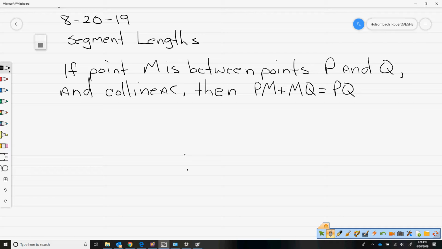If point M is between points P and Q and collinear, then PM plus MQ equals PQ.